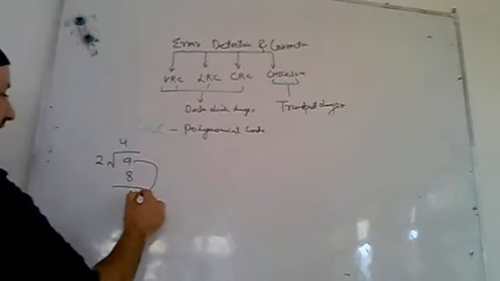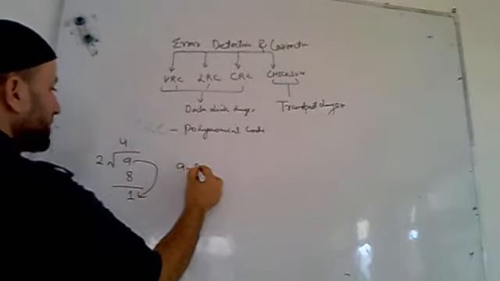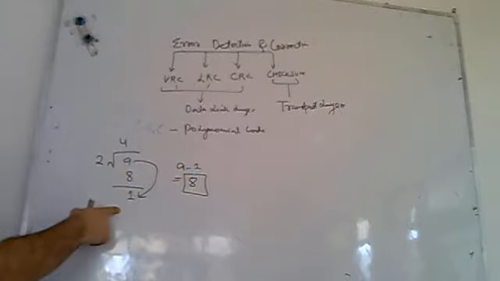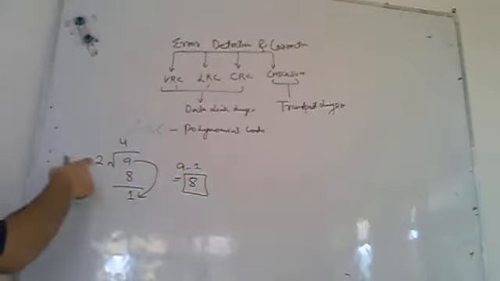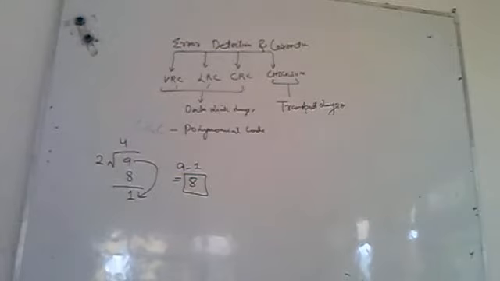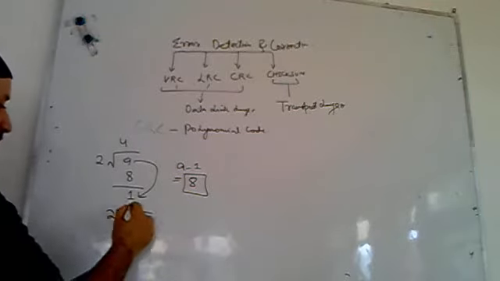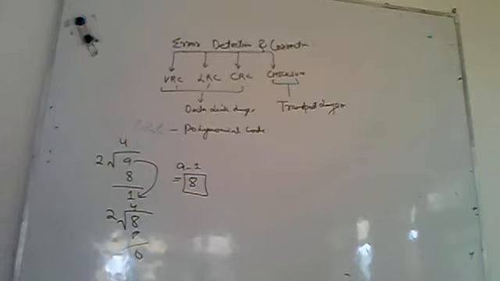Now if you subtract the remainder from the 9, 9 minus 1 comes to 8. The 8 is exactly divisible by 2. That means 2 fours equals 8 and remainder is 0. This guy exactly divides it.